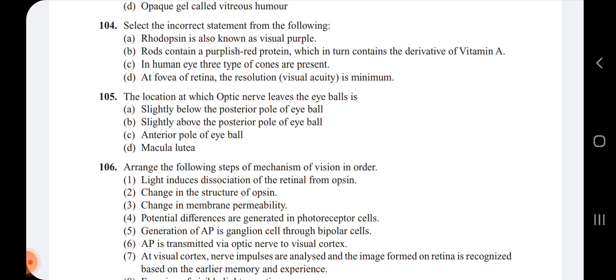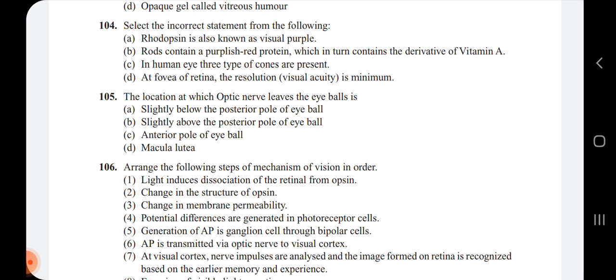Option D, at the fovea of the retina, the resolution or visual acuity is minimum. Actually, at the fovea of the retina, the resolution, or what we call visual acuity, is maximum, the highest in that region. That's why that is the incorrect statement.